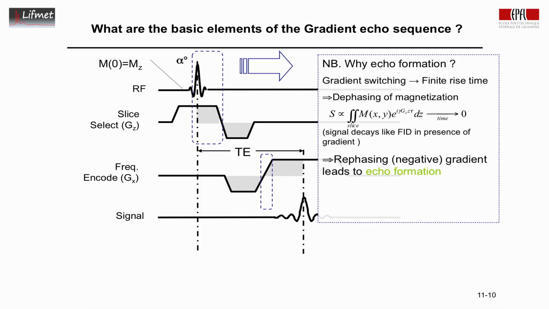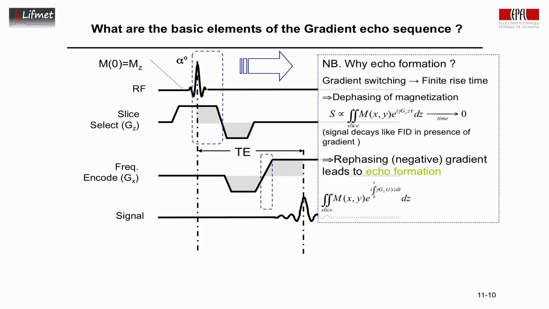So we can rephase this term. We can make the magnetization collinear again by rephasing, that is, by applying a gradient with opposite polarity. Here it's drawn negative, and this leads to echo formation.